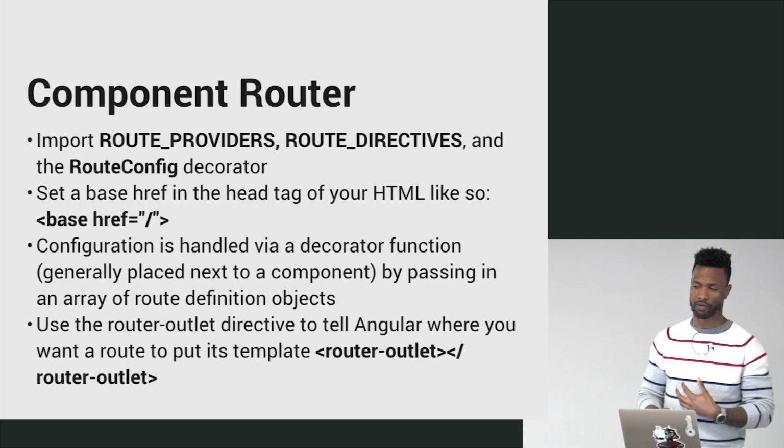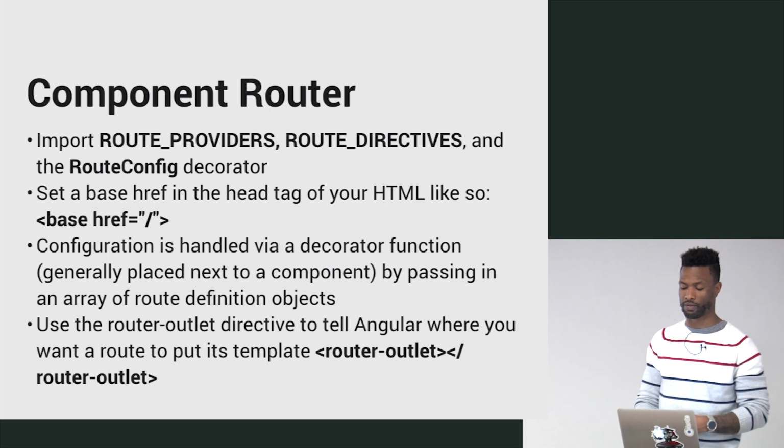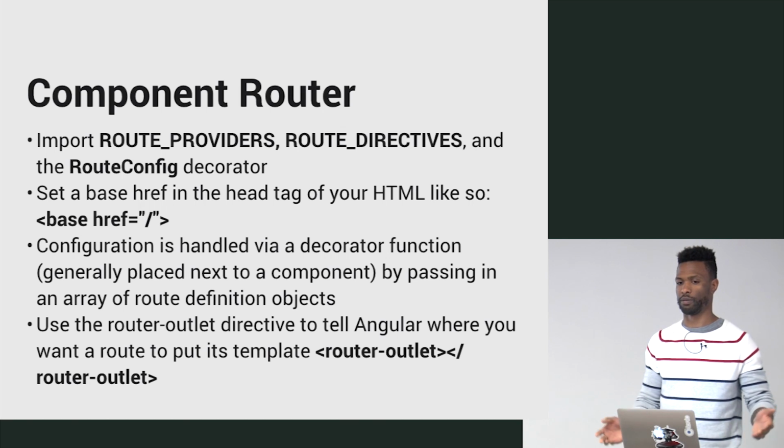So before we get started with routing, if you're not familiar with client-side routing, the way it works is it uses HTML5 push state, which is pretty much just a stack in your browser of what the current state is and what to do for the layout for that state. So it's using that, which means we have to use the base href.